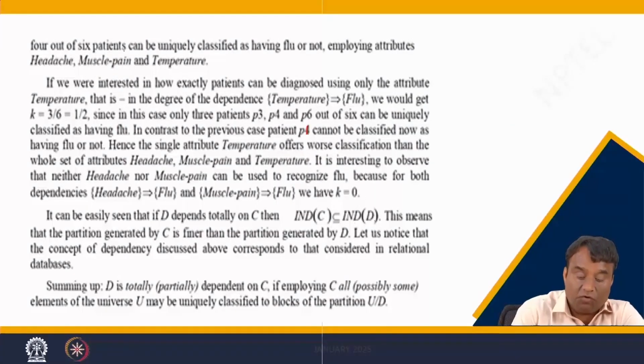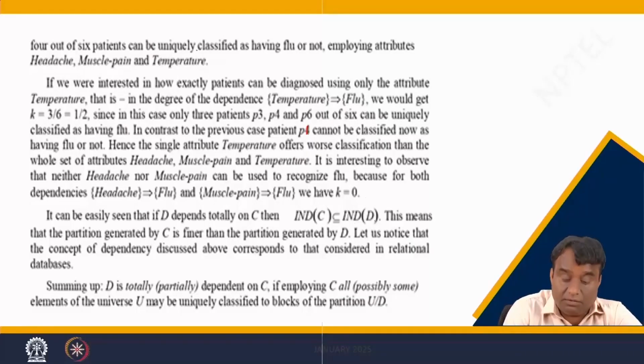So here 4 out of 6 patients can be uniquely classified as having flu or not, employing attributes headache, muscle pain and temperature. If we are interested in how exactly patient can be diagnosed using only the attribute temperature, that is the degree of dependency, temperature implies flu, we would get k equal to 3 by 6, that is half.